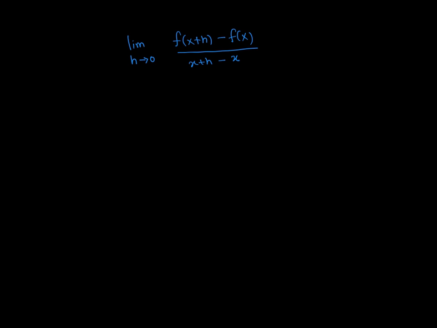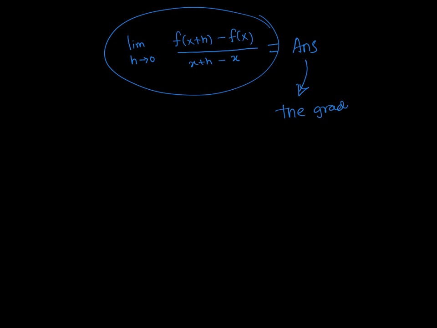So when h approaches 0, this whole function would represent the tangent's gradient, and hence the answer to this limit would give us the gradient of a curve at a particular point, right?